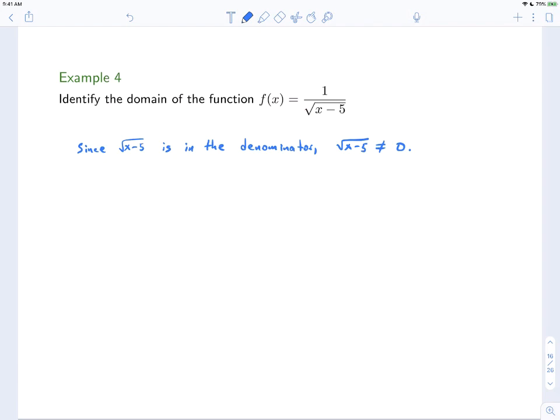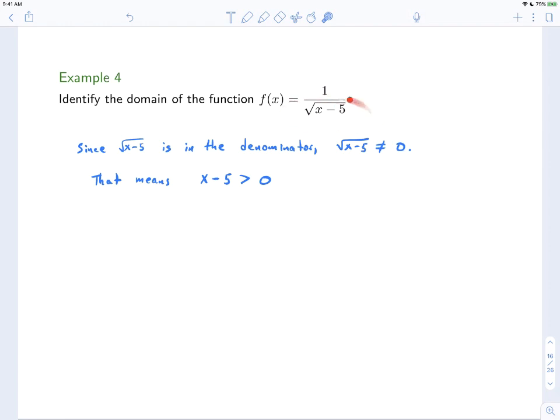So that means x minus 5 has to be greater than 0.